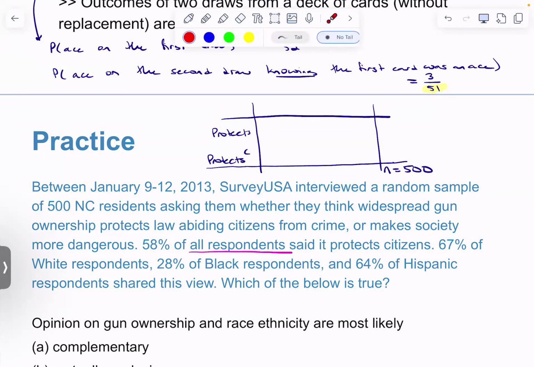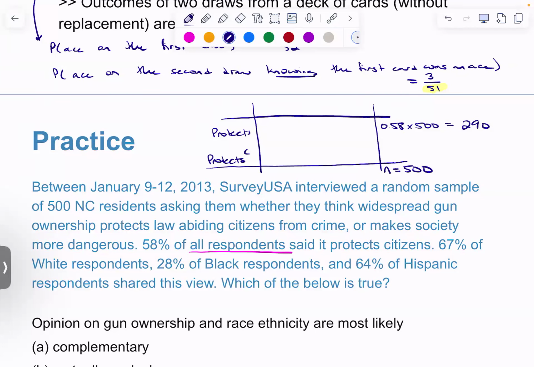So what you could do, in theory, is reverse engineer that 58%: take 0.58 times 500, and you get, they've probably done some rounding, that's okay, 0.58 times 500. They used nice clean numbers. So overall, 290 out of those 500 said it protects citizens. This one's so wordy. It's another one where I'm like, I gotta change this. Too much reading.